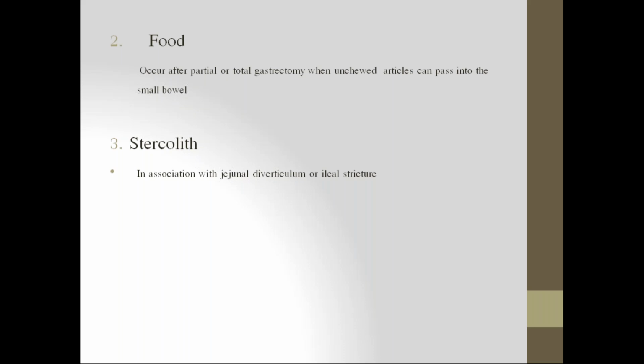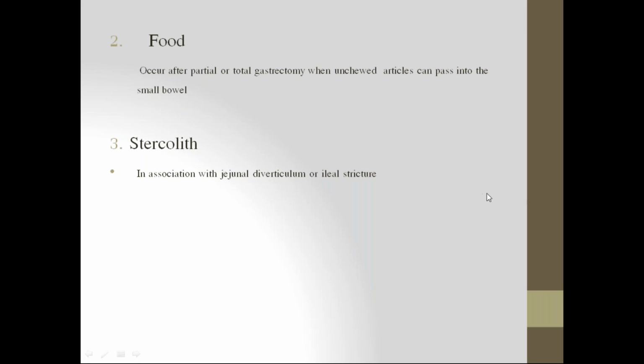A few years back, we operated on a case of intestinal obstruction in which the cause was impacted mango pickle. These things obstruct the bowel of the patient; they went undigested, and gradually it led to obstruction.